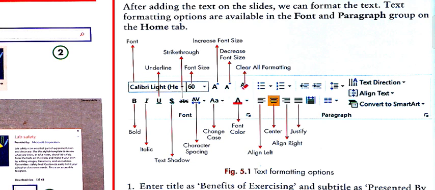Here you can see this is the Home tab menu, this is the Font group, and this is the Paragraph group. In the Font group: bold, italic, text shadow, strikethrough, font size. There are lots of options. You can use these options to format your text.